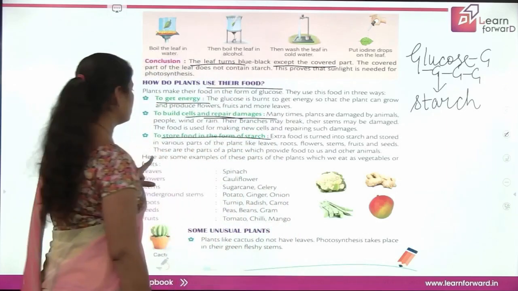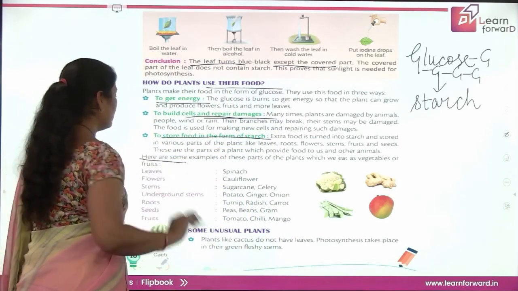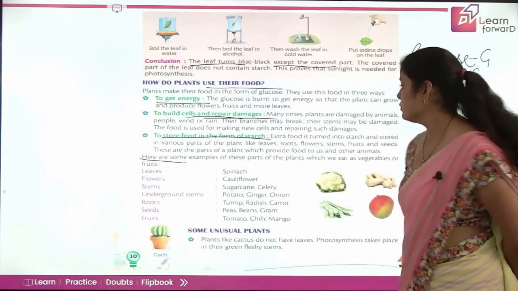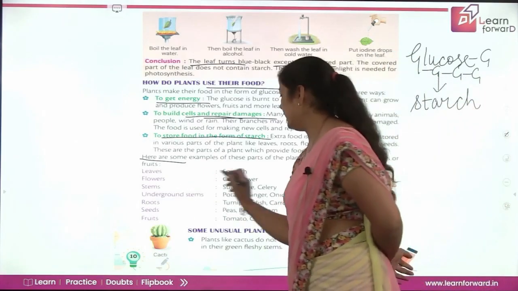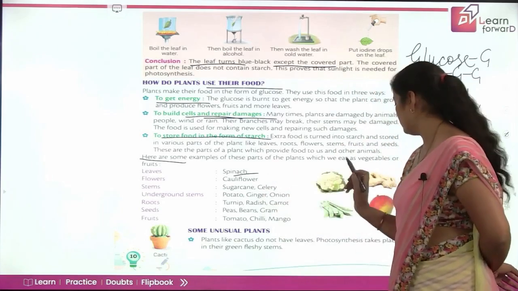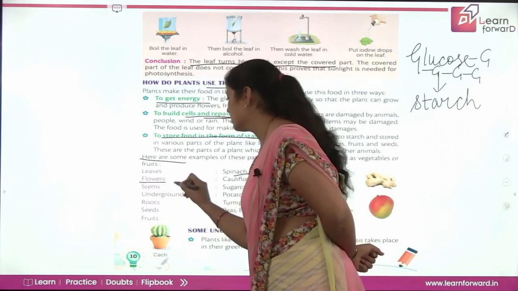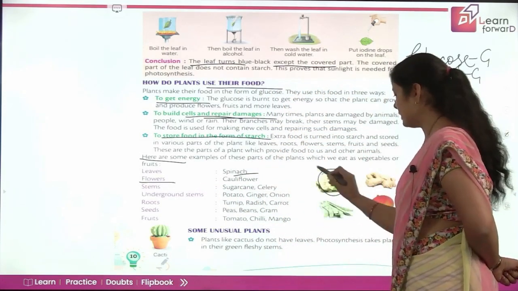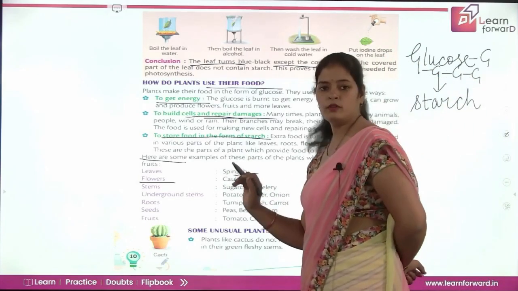Now next, same thing they have written. Here are some parts of plants that are edible. Leaves of spinach are edible, okay. We don't generally eat the root or flowers of spinach, we eat the leaf part. Next, flowers: cauliflower is the flower part, inflorescence, okay.